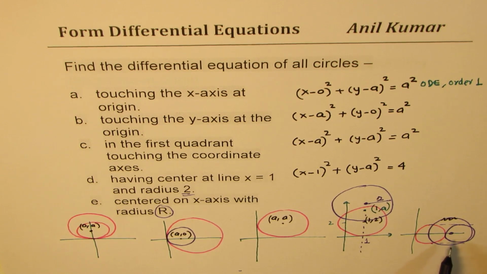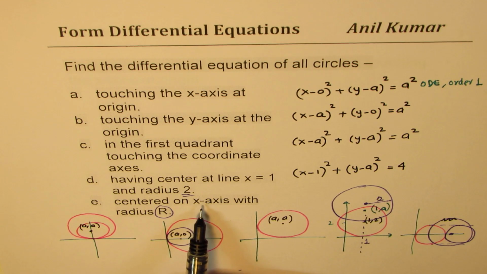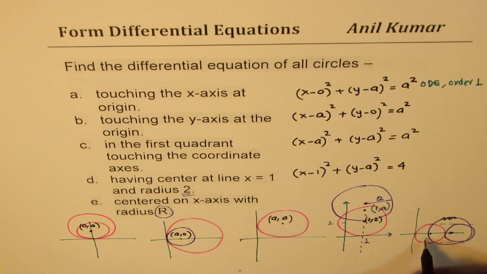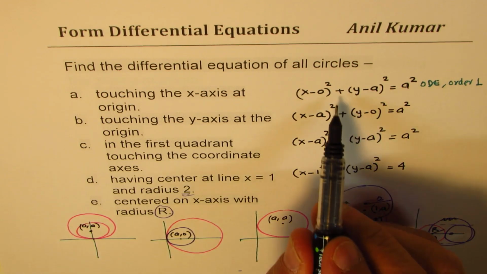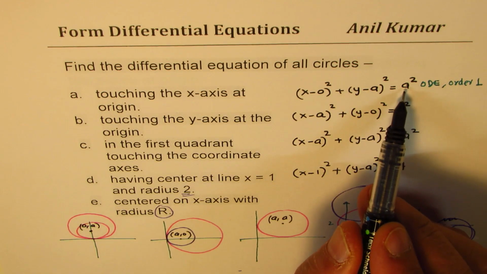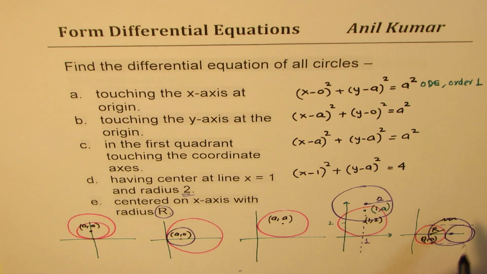So what you see here is that the y value remains 0 along this line. The center will be a and 0. However, the radius is fixed at capital R, right? So that is how it is different from the first case where radius is a. Perfect. And R is also a constant.